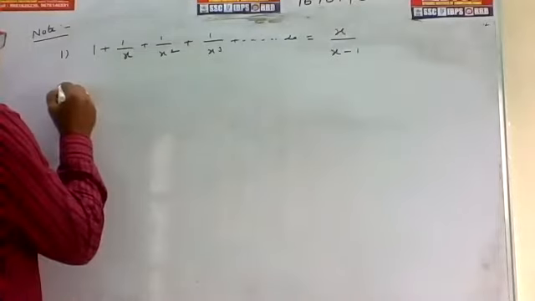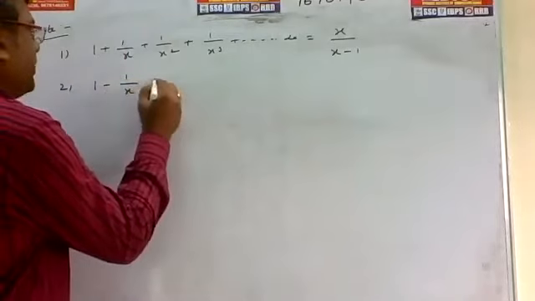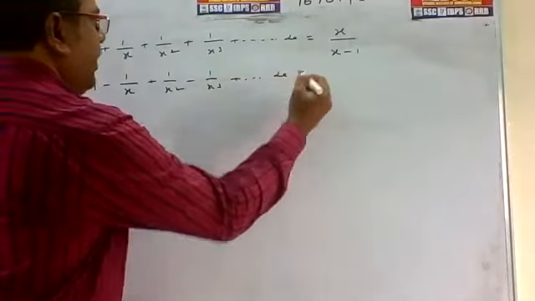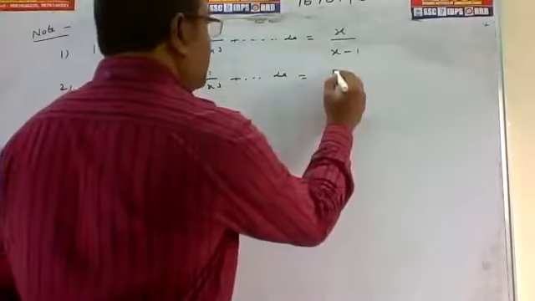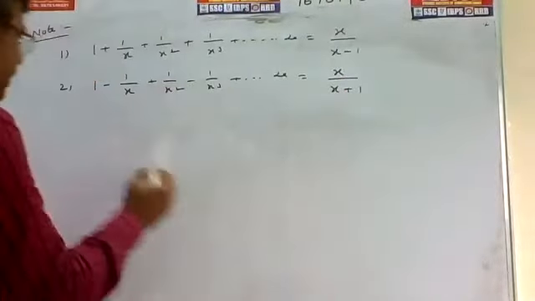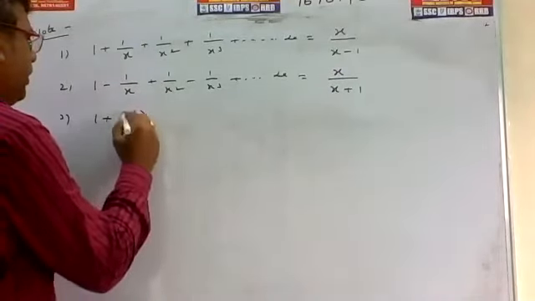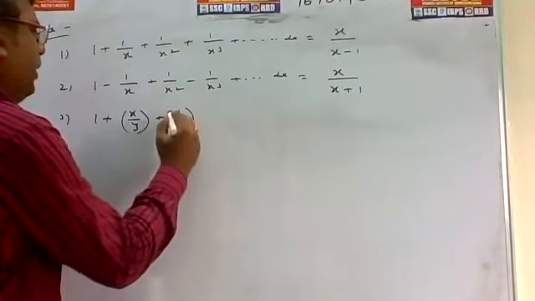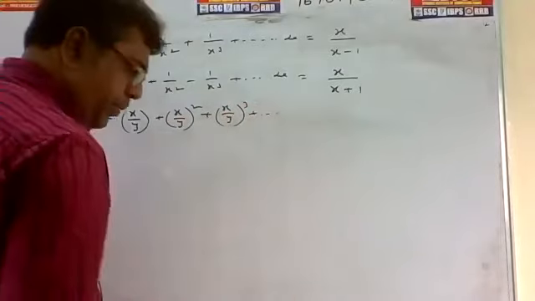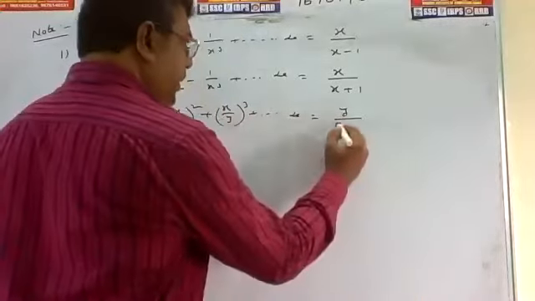Second one: 1 minus 1 by x plus 1 by x square minus 1 by x cube plus so on infinity is equal to x by x plus 1. The formula is x by x plus 1. Third one: 1 plus x by y plus x by y whole square plus x by y whole cube plus so on infinity is equal to y by y minus x.